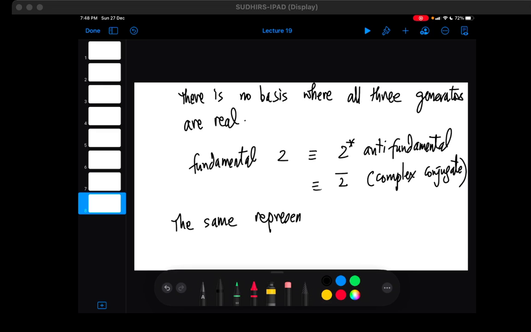There is no difference between 2 and 2 bar, or 3 and 3 bar, or spin 3/2 and its 4 bar. The 4 and 4 bar are the same representation in SU2. So all the irreducible representations of SU2 and their corresponding complex conjugates are equivalent to each other.